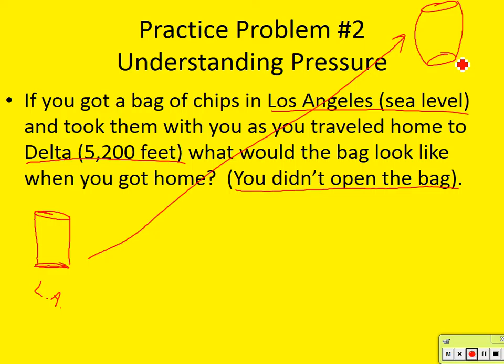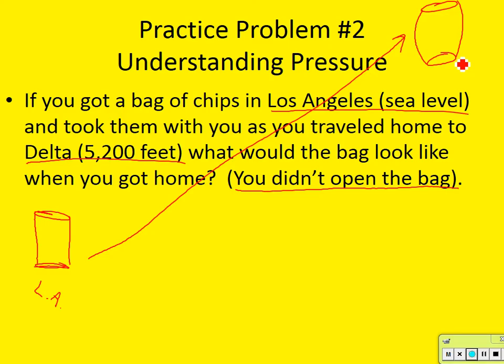How come? Because there's more air in Los Angeles than... Okay, kind of. You're on the right track. Why does it look bigger in Delta, guys? Because the air's different, air pressure. The air pressure is different here than it is in LA, right? How come? Lower sea level. Yeah, they're at sea level.